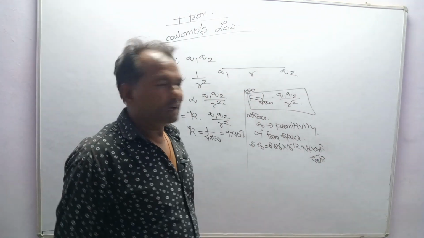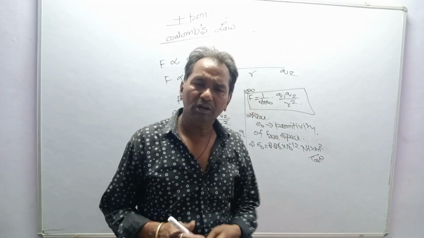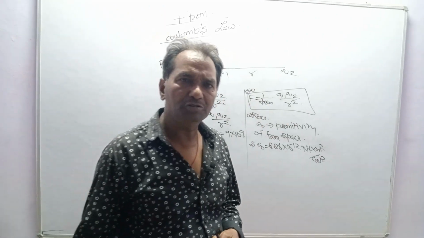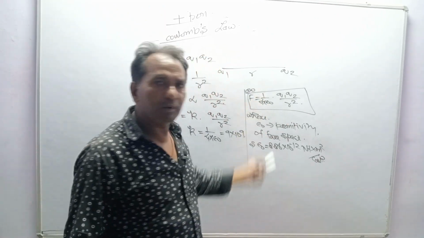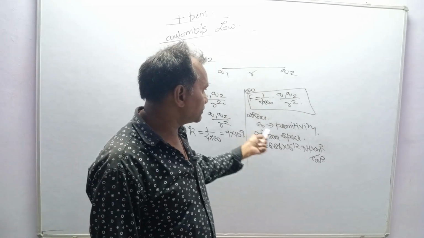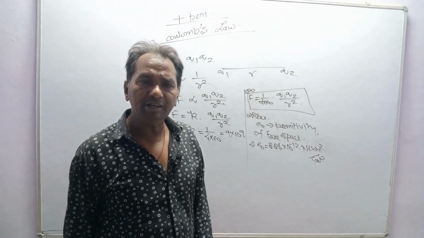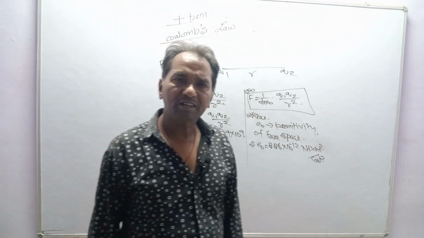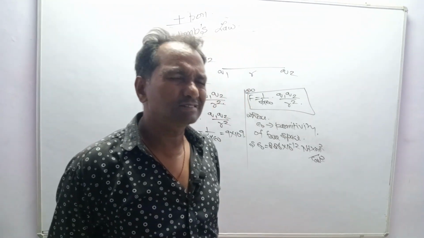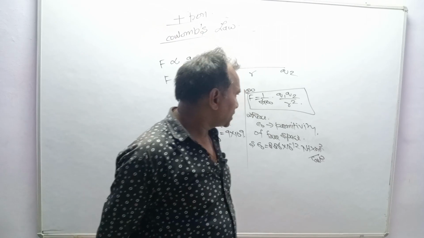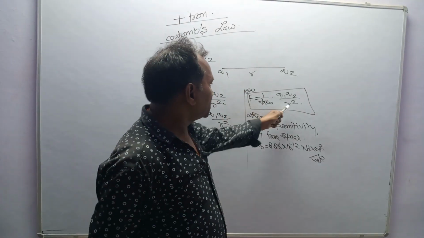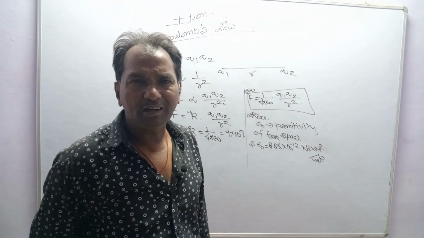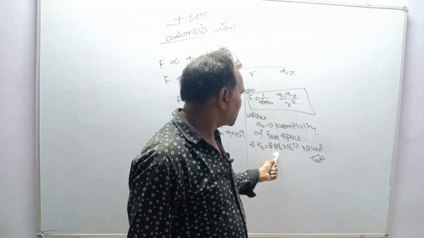Dear students, I have written that F is equal to 1 upon 4 pi epsilon naught Q1 Q2 over r square. 1 upon 4 pi epsilon naught is a constant, and its value is 9 into 10 to the power 9. The value of epsilon naught is 8.85 into 10 power minus 12 Newton into meter square over Coulomb square. I am not saying that you should mug up the unit.